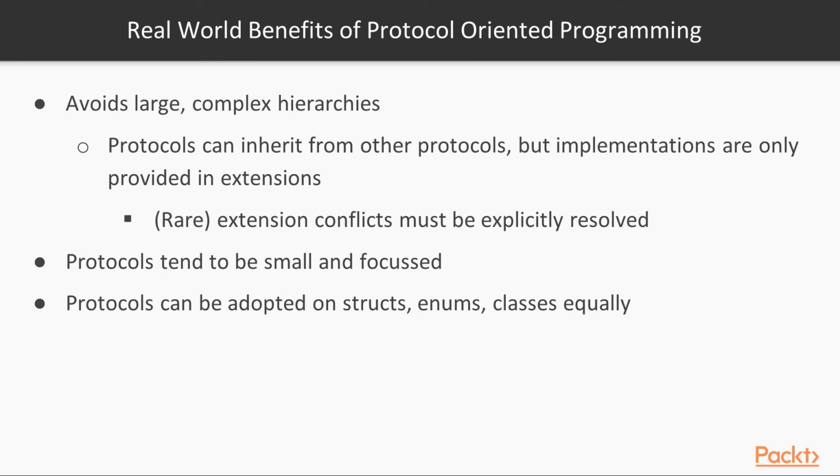We must resolve method conflicts explicitly, but this in fact rarely happens in practice, since protocols tend towards the small and focused. Protocol-oriented programming also brings most of the power of inheritance to types that don't support traditional inheritance, such as structs and enums. This strengthens the case to prefer value types with protocol extensions over classes with single inheritance.